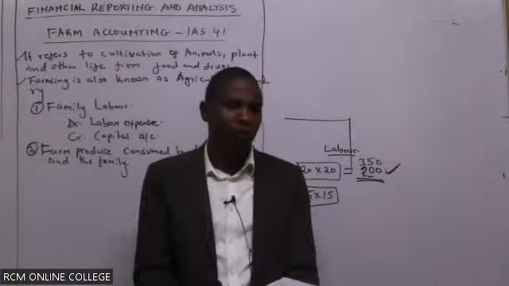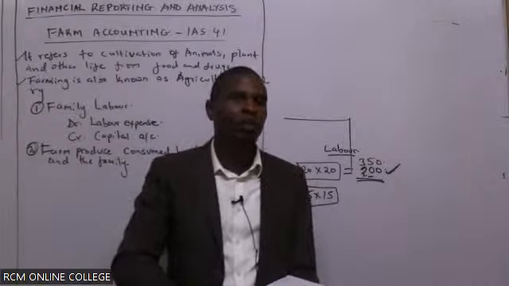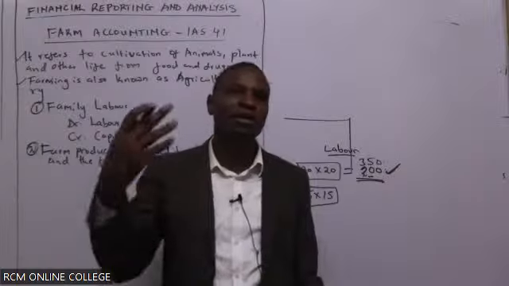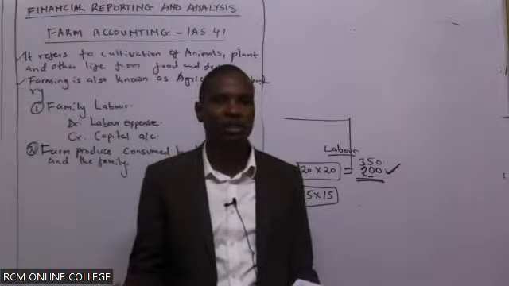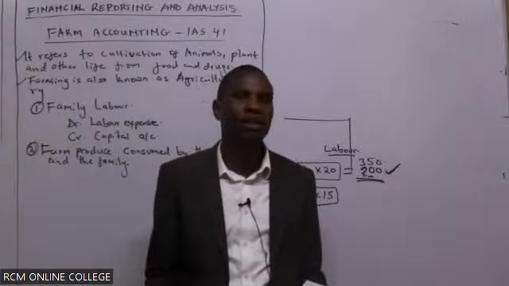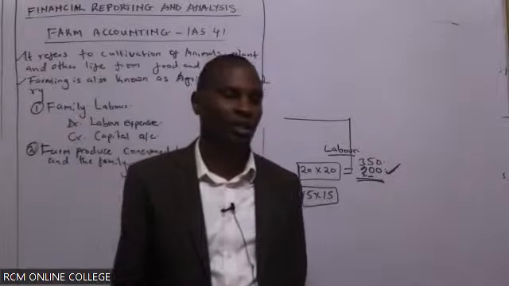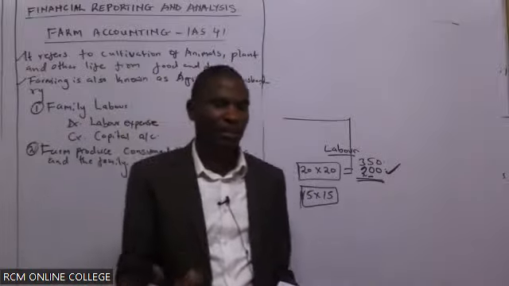Of course, you know that if you're talking about drawing, which account would be affected by drawing? Now you're talking about the income statement and the balance sheet or the statement of financial position. Where do we record drawings? It's under balance sheet, right?